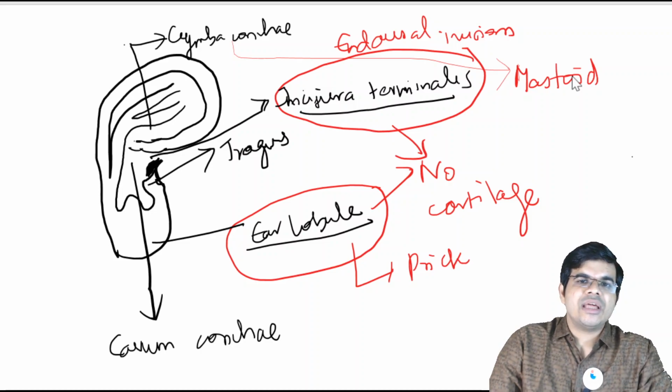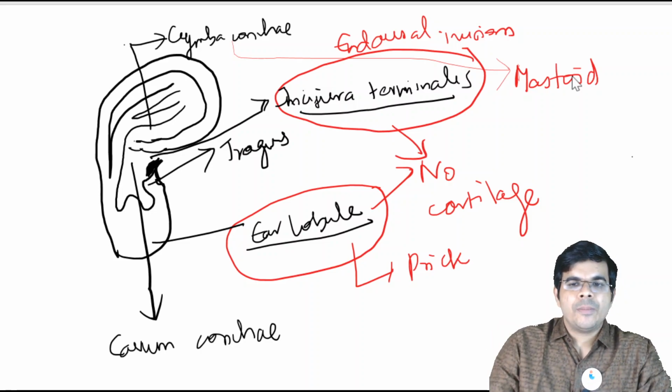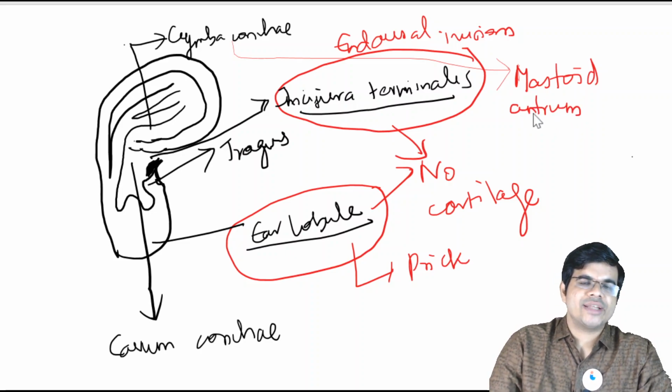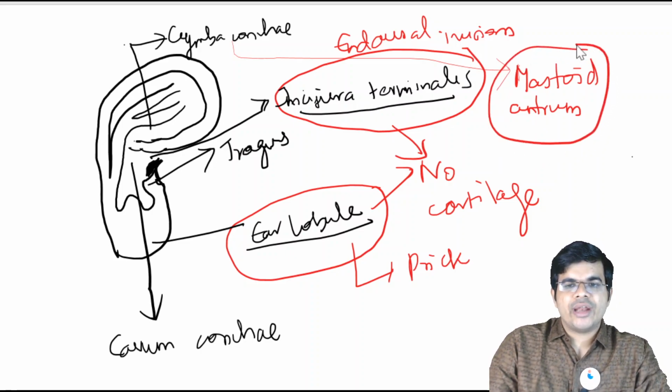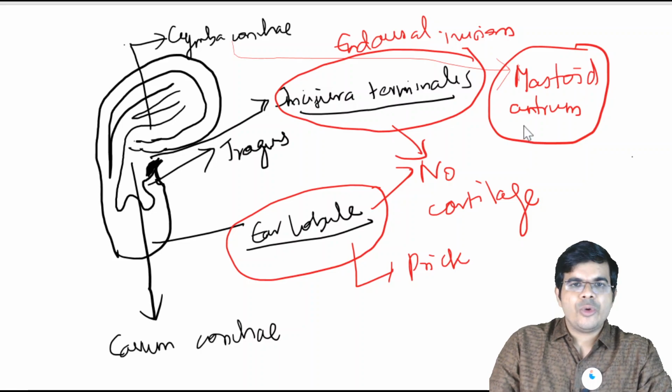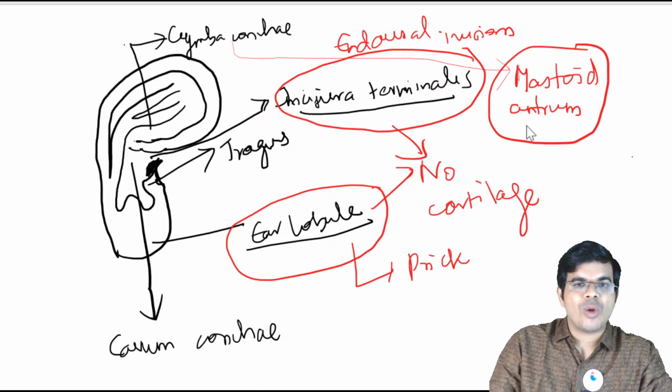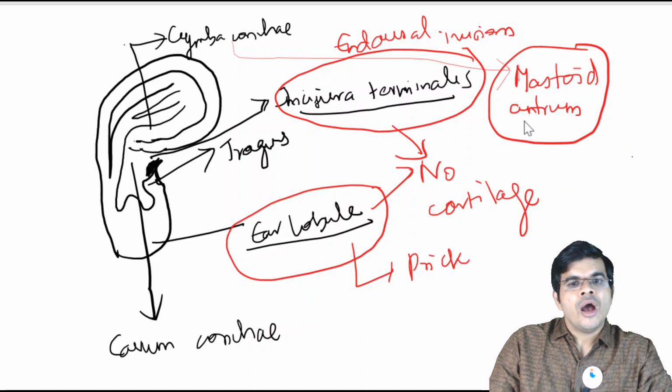Mastoid antrum is the largest and most prominent mastoid air cell. Okay, and you will be learning about mastoid antrum and the mastoid air cells in the upcoming classes. For now, just know that cymba conchae overlies the mastoid antrum, and here you have to elicit for mastoid tenderness. It is one of the three areas where you elicit for mastoid tenderness. Okay, cymba conchae.